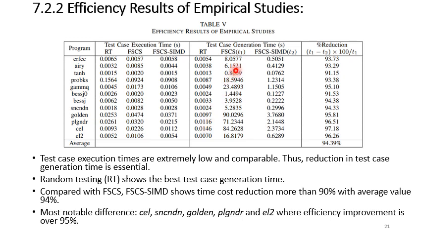However, FSCS-SIMD shows a time cost reduction of more than 90%, with an average value of 94%. The most notable differences are in programs cell, SNCNDN, and PLGNDR, where the efficiency improvement is more than 95%.